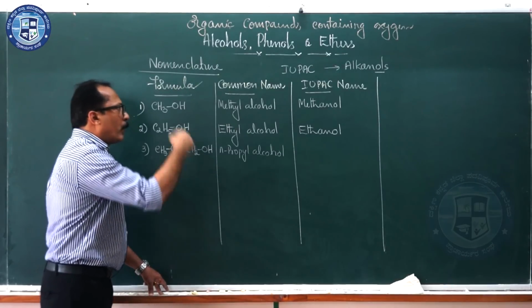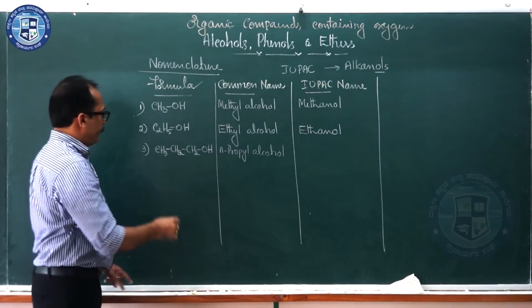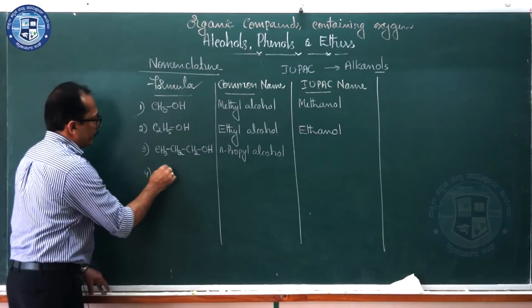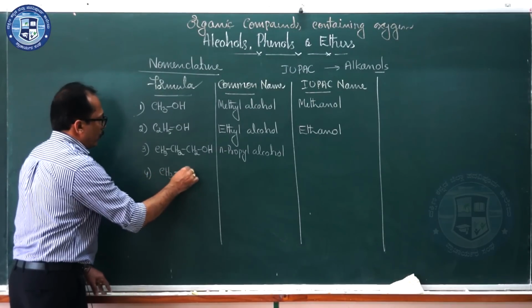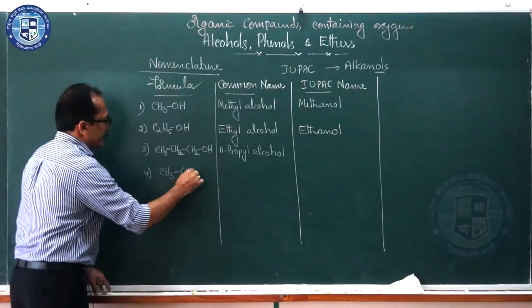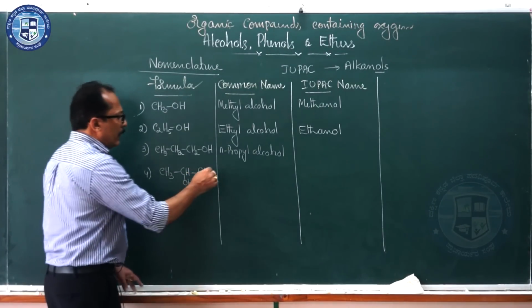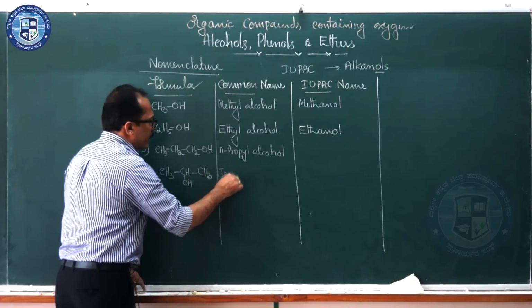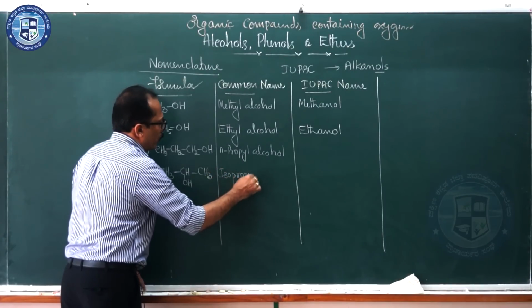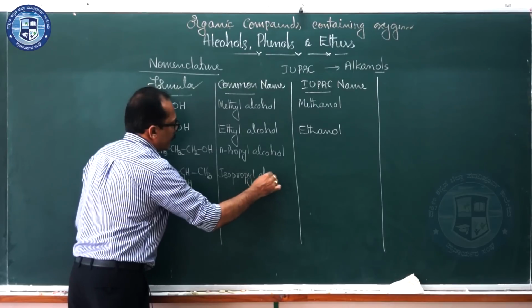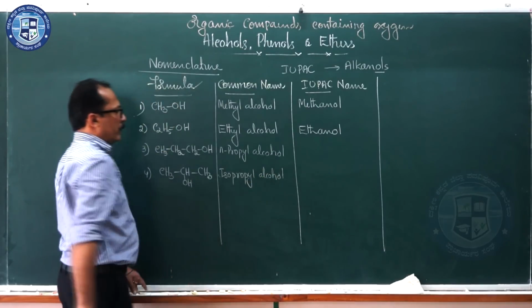I'll write one more compound, then we'll go for the IUPAC name. Fourth compound: CH3, CHOH and CH3. This is called isopropyl alcohol.